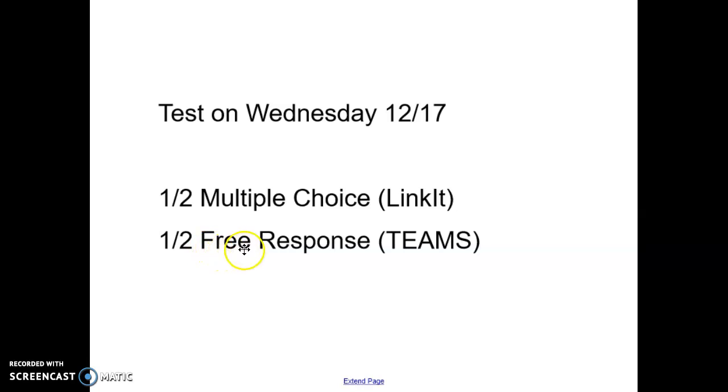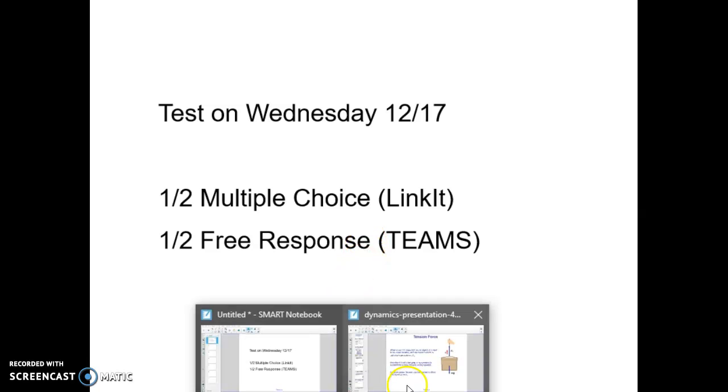The other half will be free response word problems, which I'm going to post onto Teams. There's one more thing that I need to review with you today, and that's the concept of tension in the cable in an elevator.